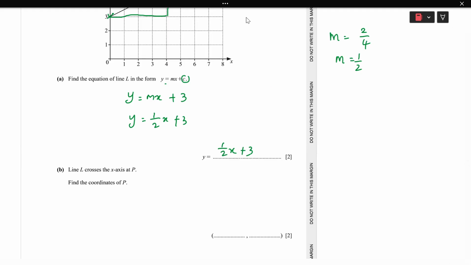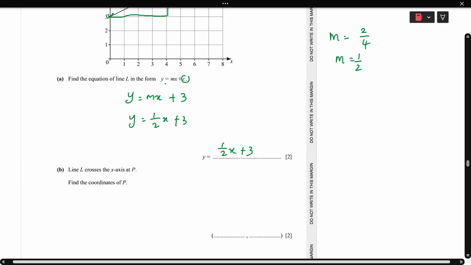Okay, so the next question, the line L crosses the x axis at P. X axis means the y value must be 0. So just put y equal to 0 in the given equation. So I'll write the equation y equal to 1 by 2x plus 3. Then we put y equal to 0 because when you find the crossing on the x-axis, we need to put y equal to 0.